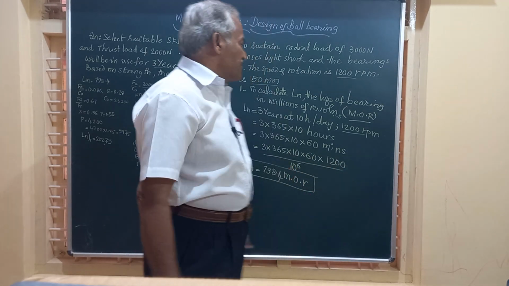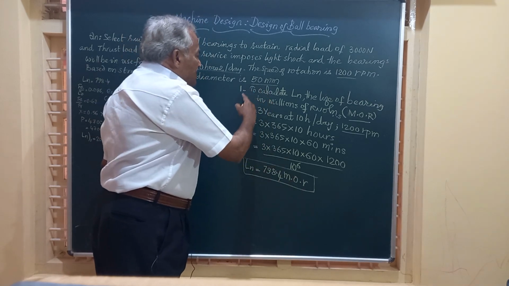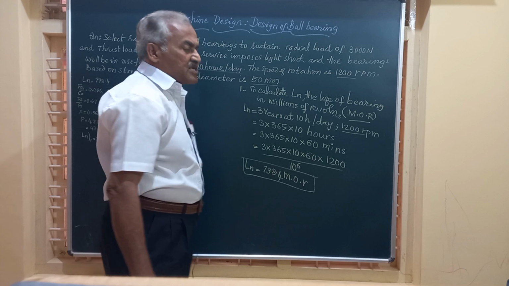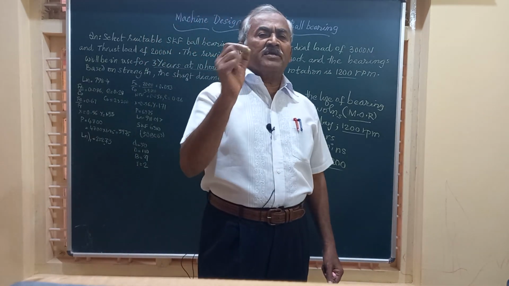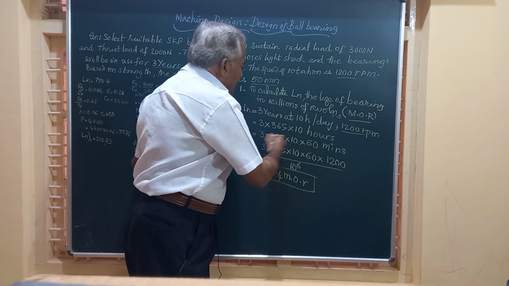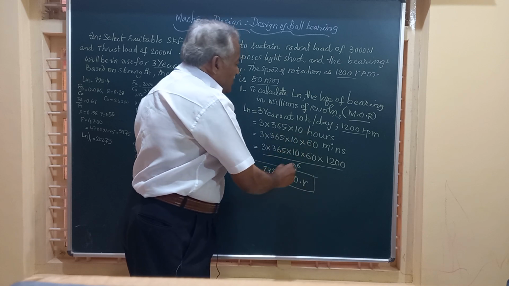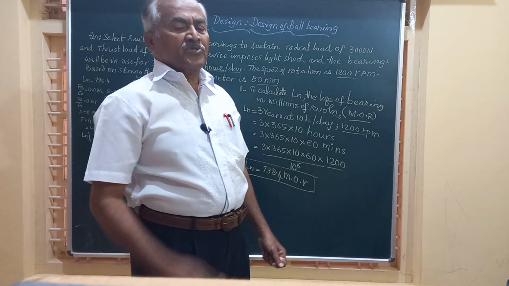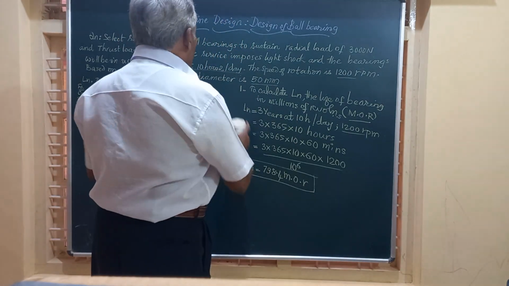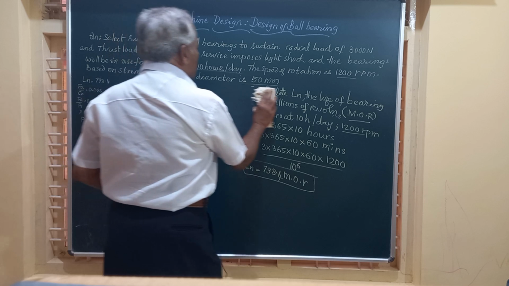So friends, calculation of this part, that is life of the bearing in millions of revolutions, is a very important step, because if you go wrong in simplifying any of these, you should be very careful. So check this answer twice before we go to the second step.